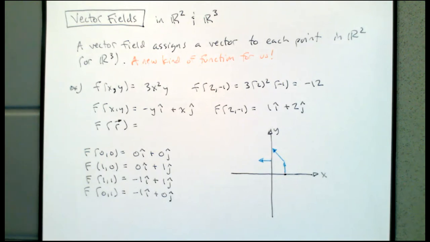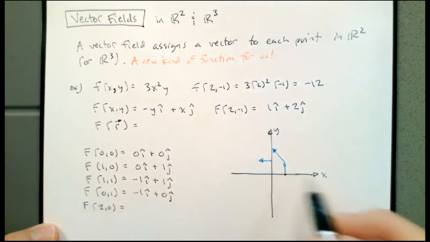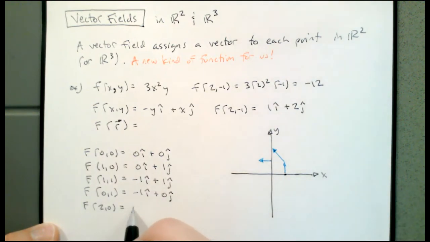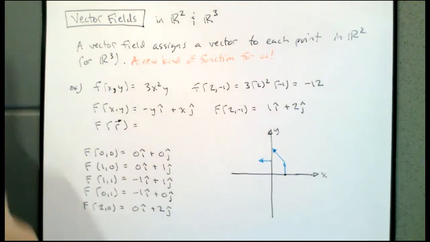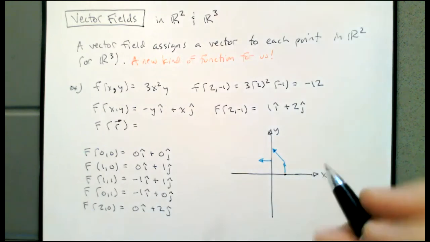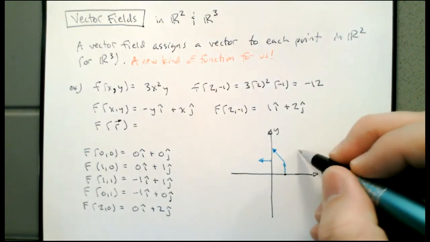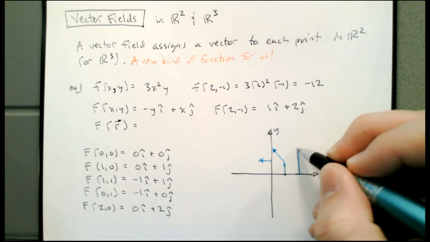Now, if we plot, say, at 2, 0, just going a little further out, we'll have 0i plus 2j. So at this point, we'll have a longer vector.